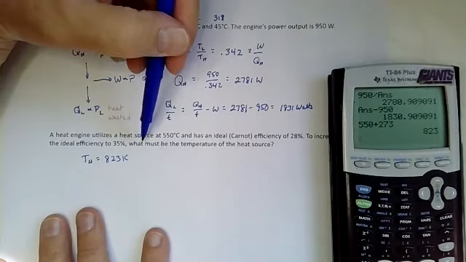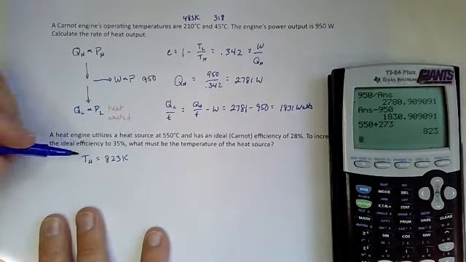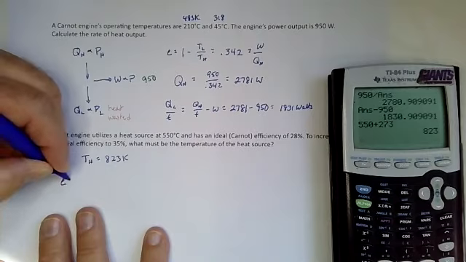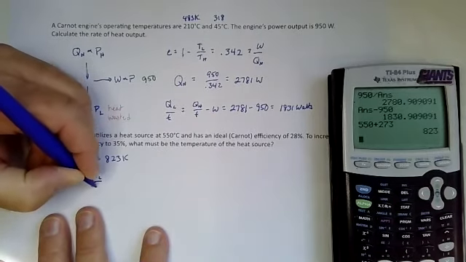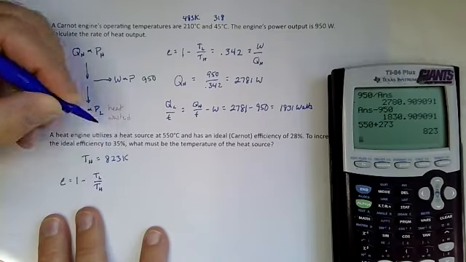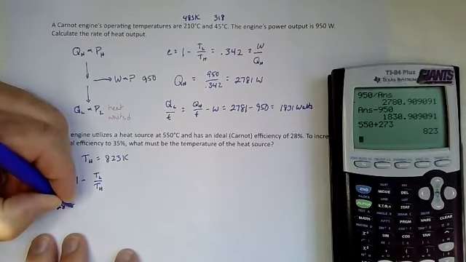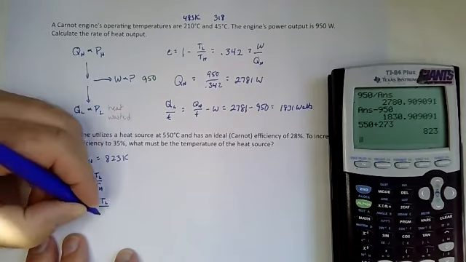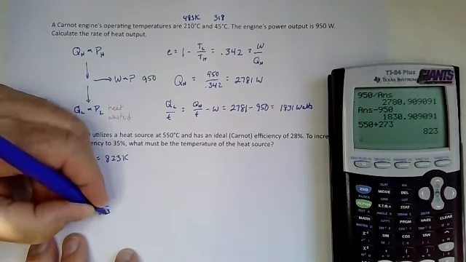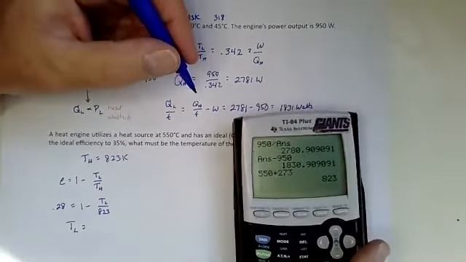So we're going to increase the heat source to a new value, but we'll need to solve for the low temperature first. So 0.28 equals 1 minus TL over 823. So TL equals, okay, great.